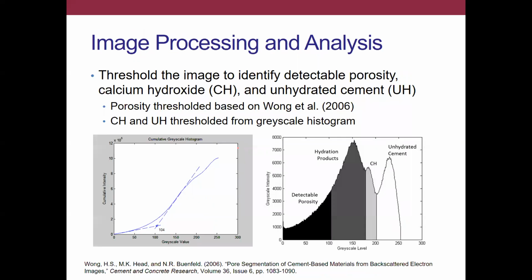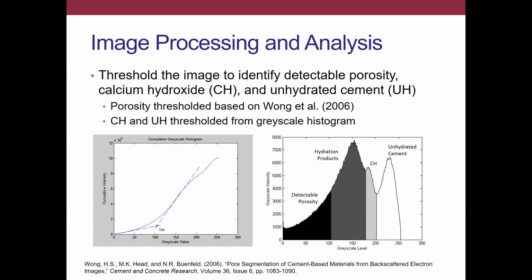So once we have this compositional backscatter image, there's a number of techniques in the literature that you can use to threshold the different products based on their grayscale value. In this case, we used the method by Wong, Head, and Buenfeld to basically segment out the porosity.